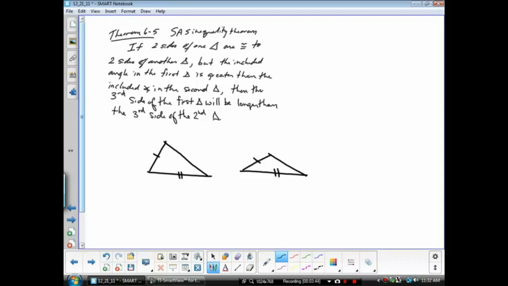So I have triangle ABC and triangle DEF.